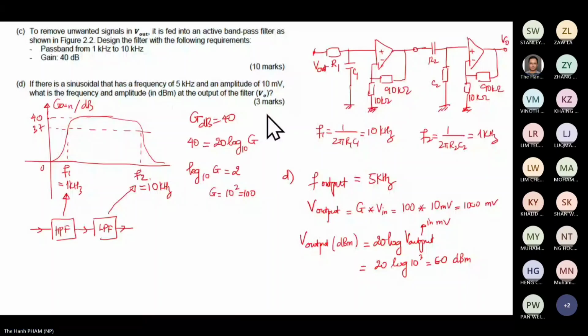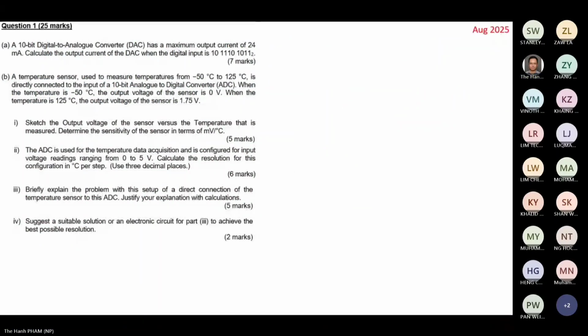So I need you to just try to work along. Now, this one is exactly the same kind of tutorial questions, right? Okay, 7 marks.